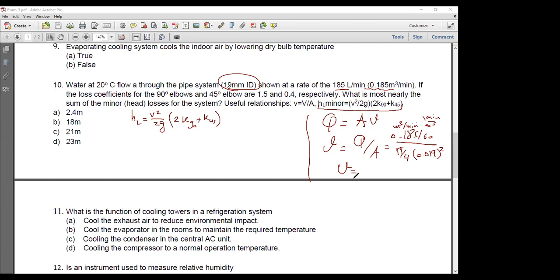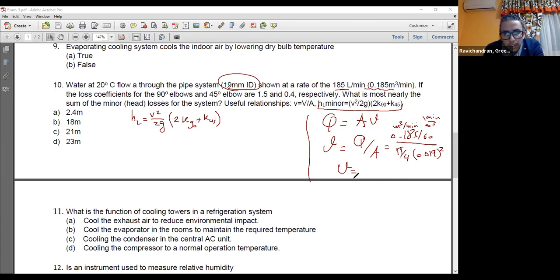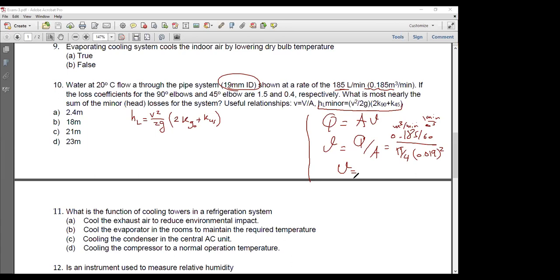9.38. Sir, but they mentioned V is equal to V by A. Which one, in the question? Useful relation, V is equal to V by A. This one?